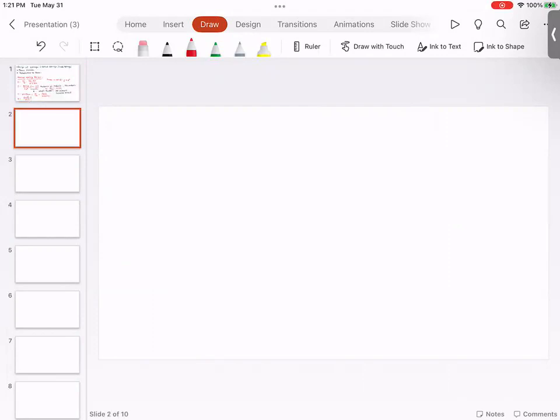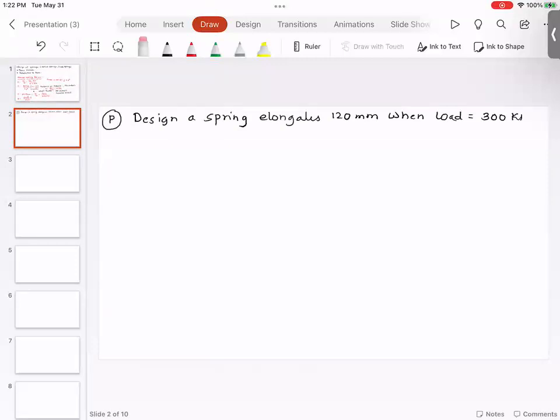So I'm going to start with a problem. Design a spring that elongates 120 millimeter when load is equal to 300 newtons.